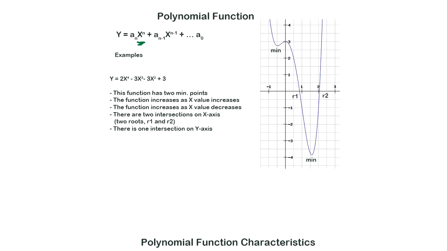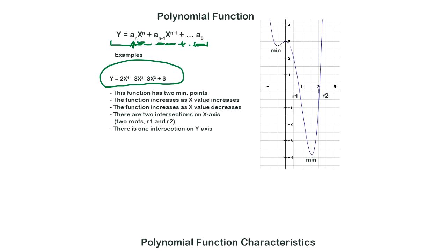So y equals, we have a coefficient a_n times x to the nth, plus another coefficient a_(n-1) times x to the n minus 1, plus so on, to the last constant coefficient a_0. An example is y equals x to the fourth minus 4x to the third minus 3x to the second plus 3.